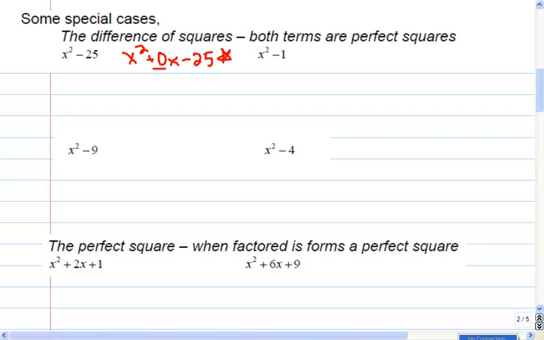So two numbers that multiply to negative 25 and add to 0. Well, x plus 5, x minus 5. These two will multiply to negative 25, and when I add them together, they cancel out as a 0. So this would be gone here.